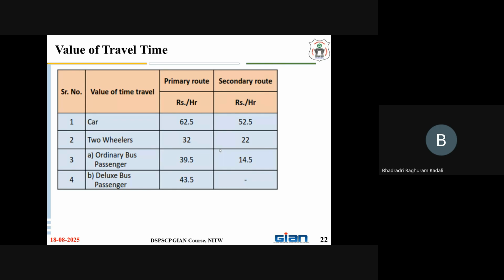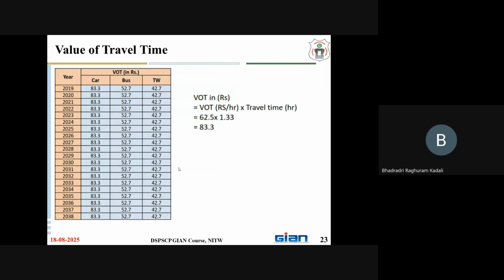Corresponding to that, we need to make sure that the choice of mode to transport such goods will vary. We have the primary route, which includes national highways and expressways, and the secondary route, corresponding to state highways and MDRs. So we have different values of time derived. This is the value of time to be estimated corresponding to the travel time.